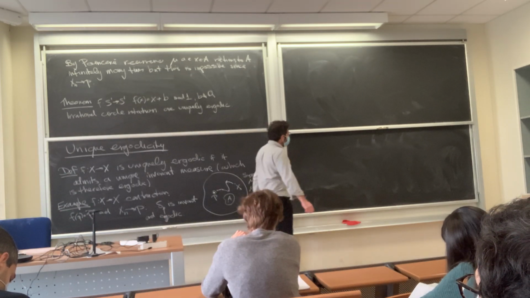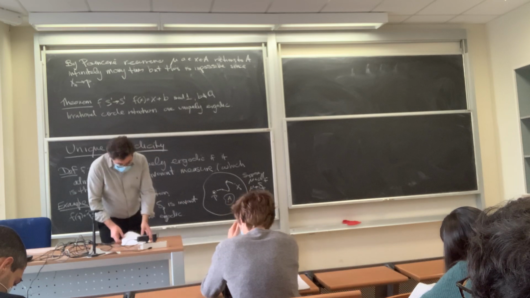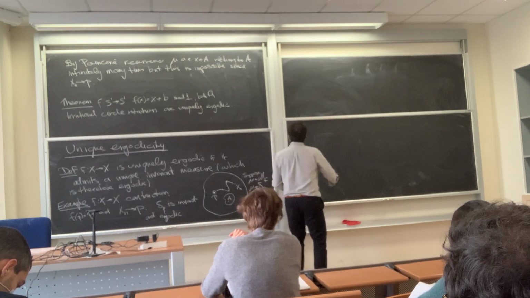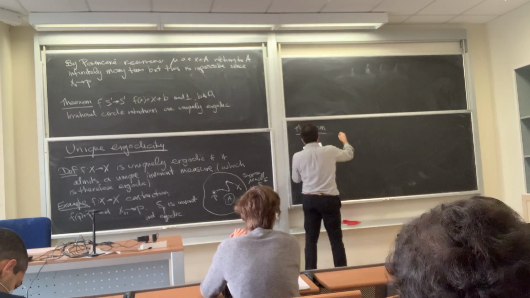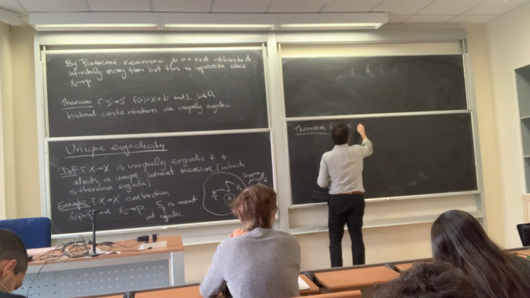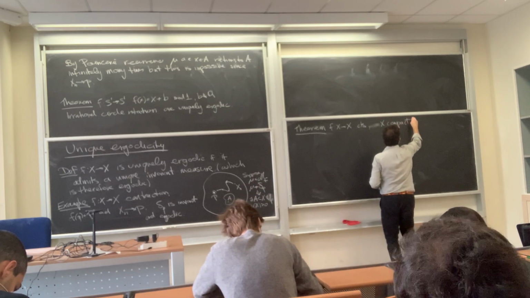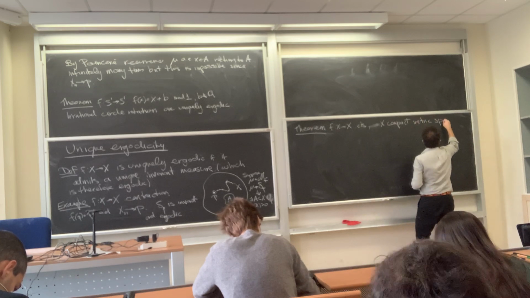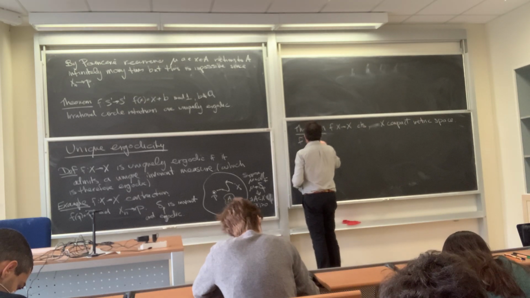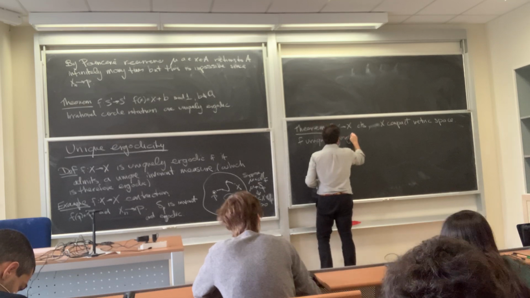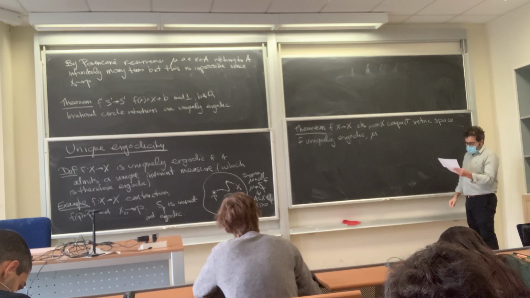However, one of the most interesting aspects of being uniquely ergodic is that there's a very strong rigidity. And I'm going to state here an important result for uniquely ergodic maps. Suppose f is continuous and X is a compact metric space, and suppose f is uniquely ergodic, so that it has one unique ergodic invariant measure mu.